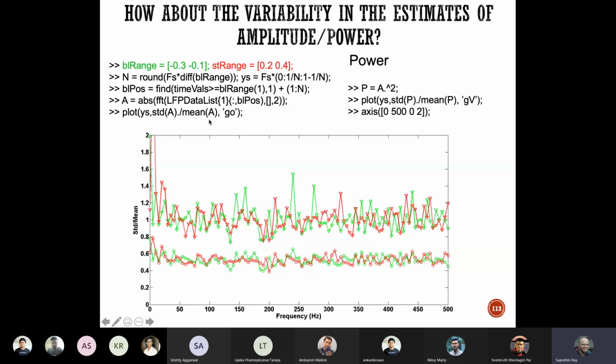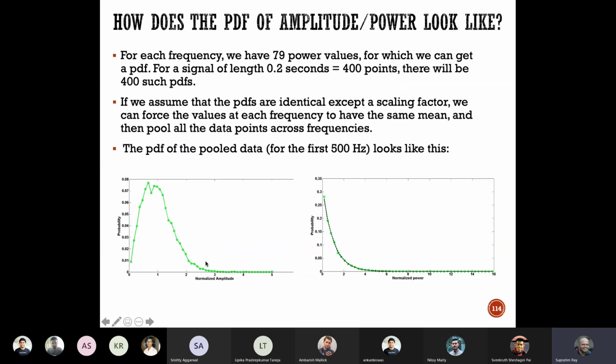So I've got 79 values at each frequency. So what I can do is compute a histogram of these power values. I can say, okay, this is my normalized amplitude, and what's the probability of getting a particular amplitude?